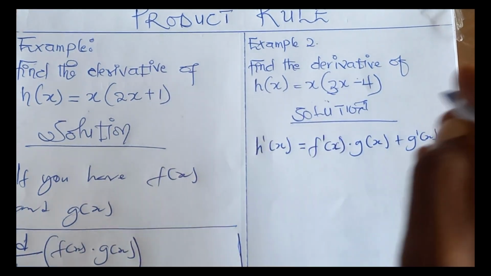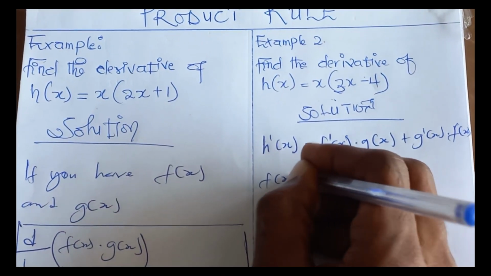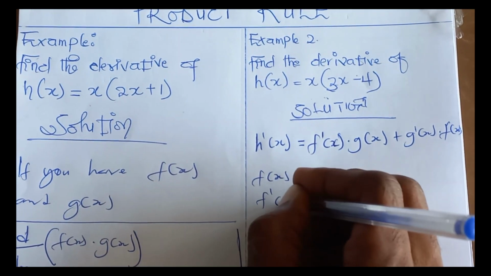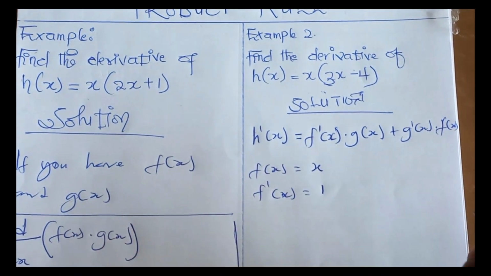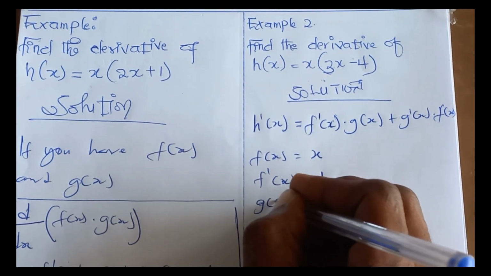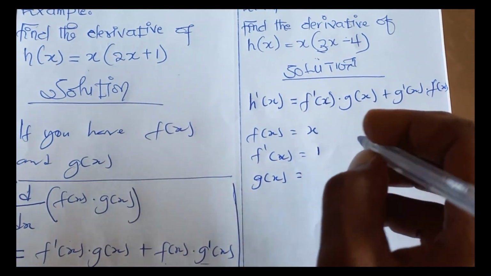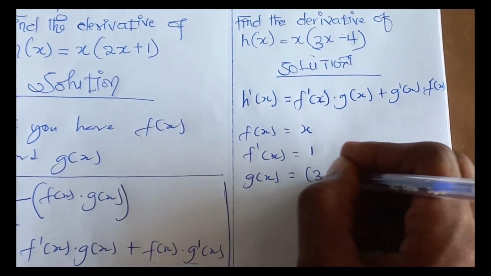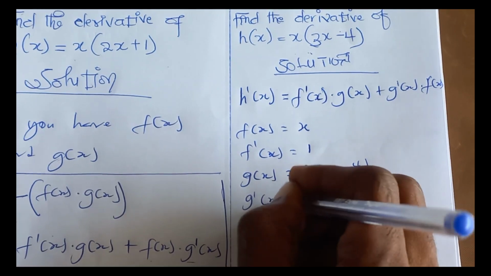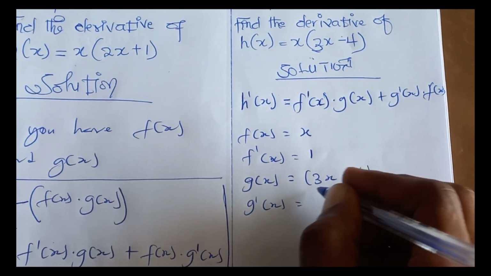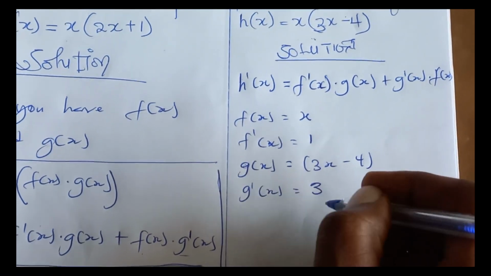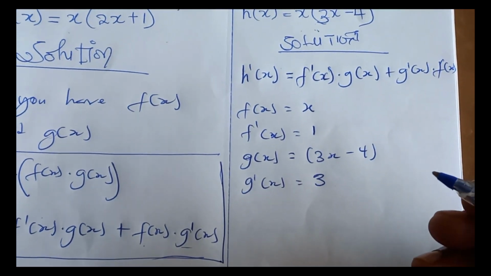Now our f of x is equal to x, then f prime of x will be 1. Also, our g of x is 3x minus 4. Now, our g prime of x will be, when you differentiate 3x, we get 3. Then when you differentiate a constant, you get 0. So there's no need for you to write it.